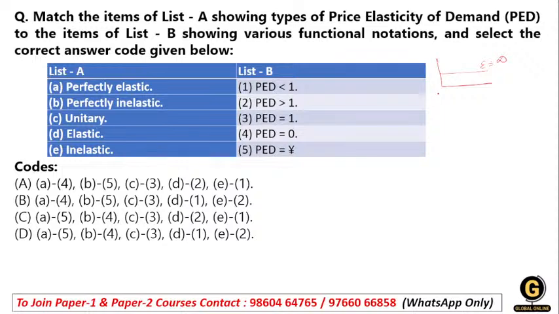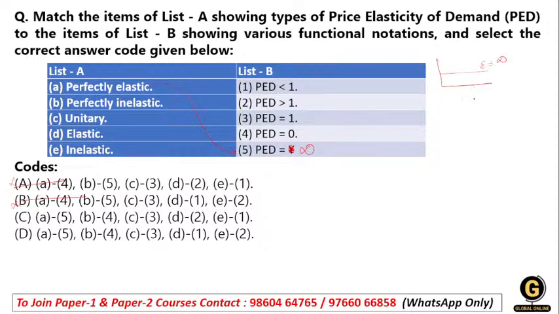So you have to match perfectly elastic with the fifth one, so it is either option C or option D. We can easily cut options B and C. You can use the elimination method when you solve this kind of question. Then perfectly elastic.